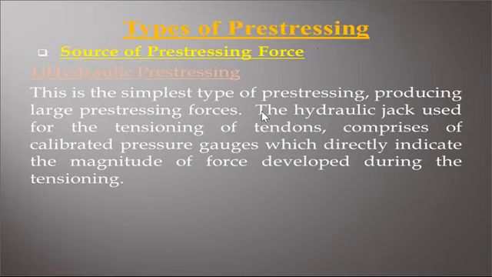This is the simple type of prestressing producing large prestressing force. The hydraulic jack used for the tensioning of tendons comprises a calibrated pressure gauge which directly indicates the magnitude of force developed during the tensioning.